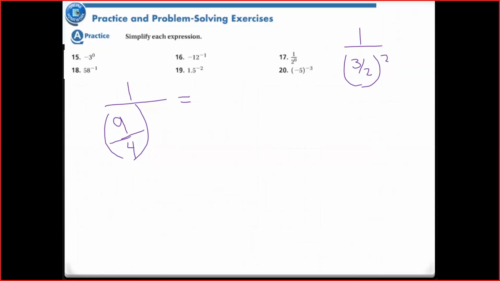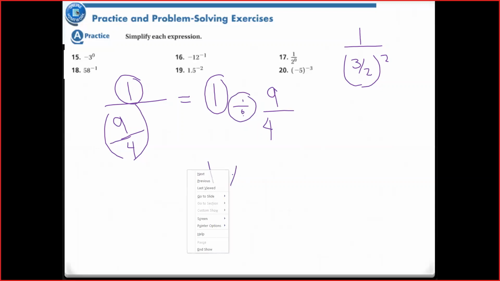Now, look here. 1 over 9 over 4. Did you remember in grade 6 or grade 5 how we divide a number by a fraction? We keep the first number as 1, and we change the division to multiply. Yes.